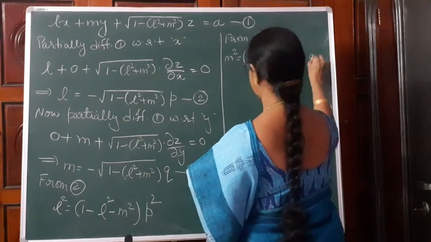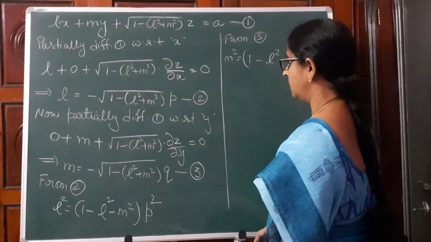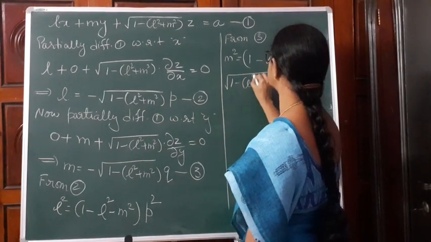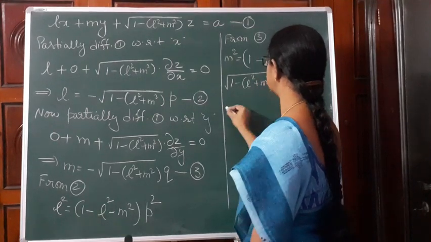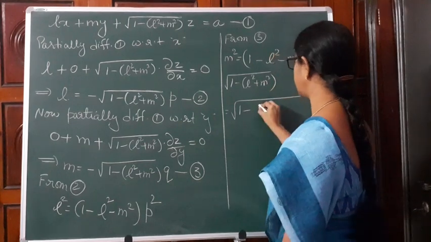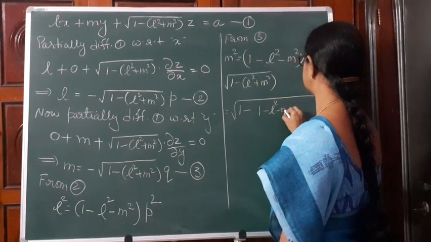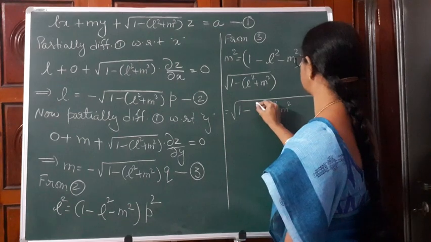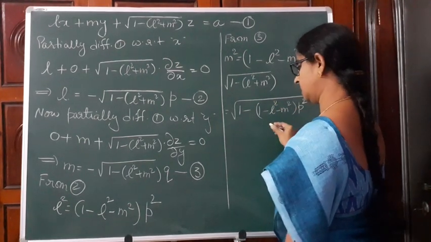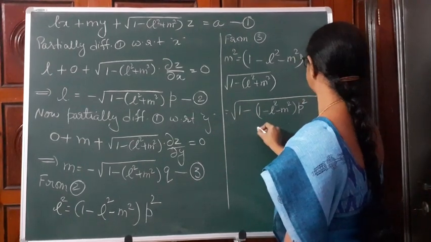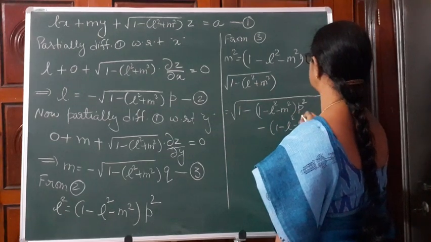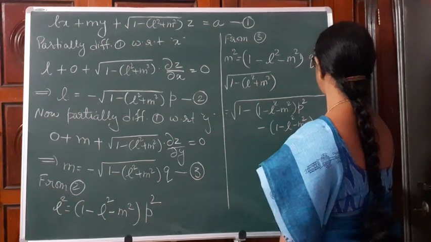1 minus L square minus M square into Q square, right? Now what is square root of 1 minus (L square plus M square) from this? It is square root of 1 minus L square minus M square into P square plus 1 minus L square minus M square into Q square.